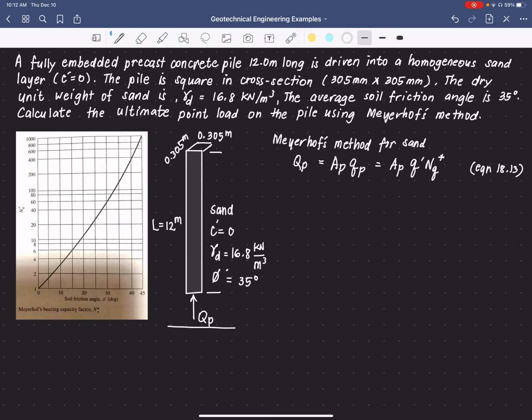The value of the point load using this Meyerhof method should be less than A sub P Q sub L, wherein Q sub L is equal to 50 N sub Q times tangent of the drained angle of friction.